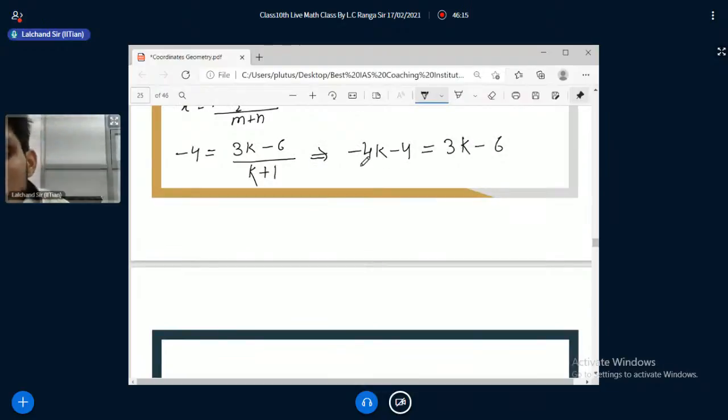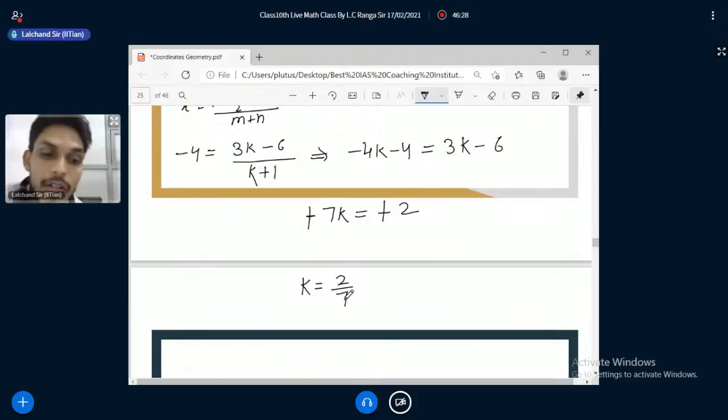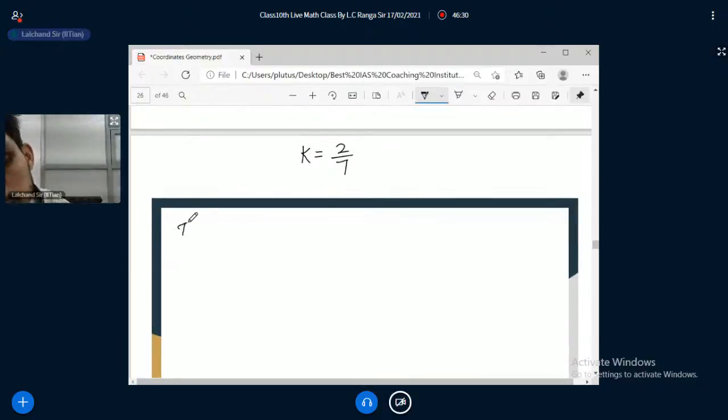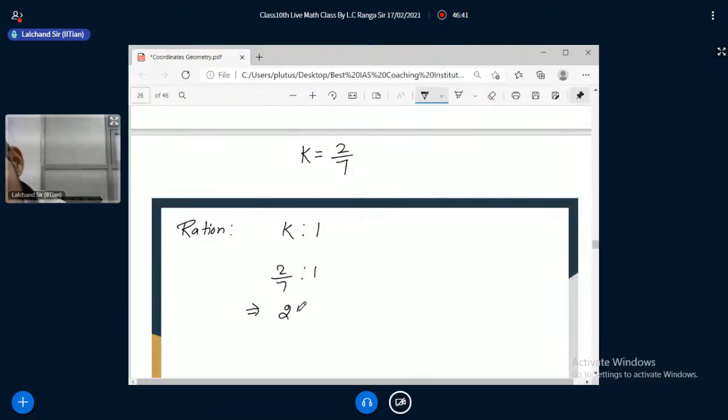If we take k to this side, we have minus 7k equal to minus 2. The minus cancels and the value of k is 2 by 7. So the ratio is k to 1, and substituting k as 2 by 7, it is converted into 2 to 7, isn't it? This is our required ratio.